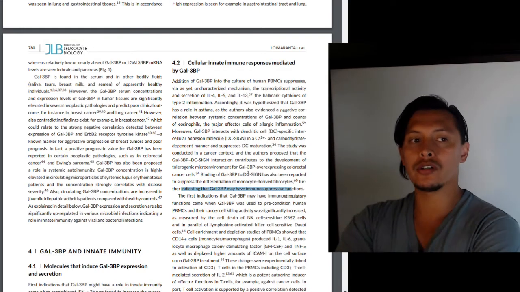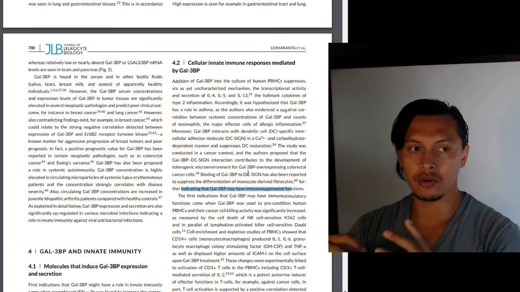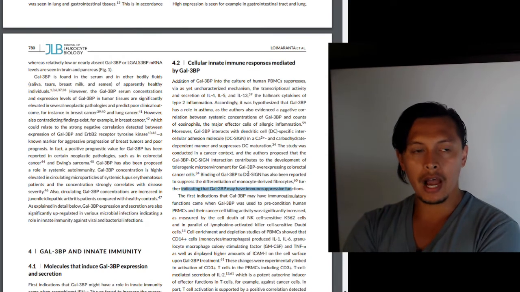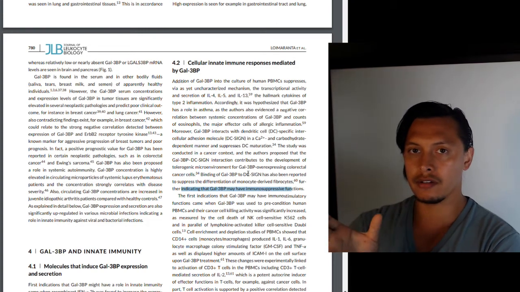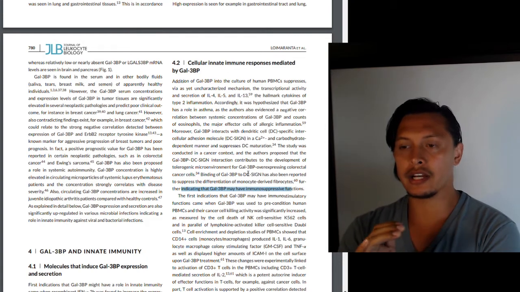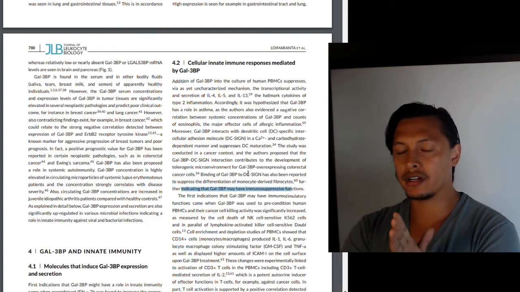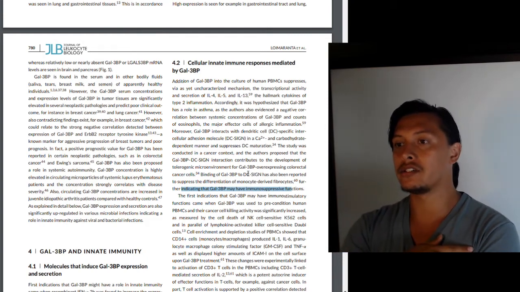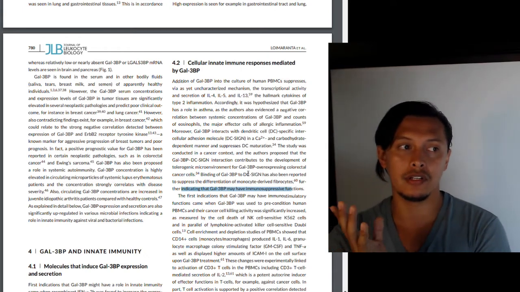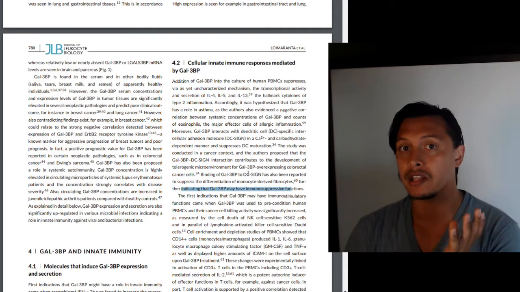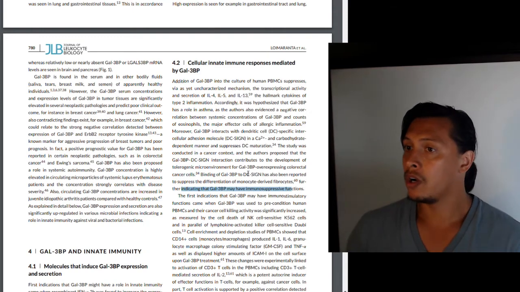But you would really also want the adaptive immune response to come in and target that as well. I would have to do some reading on it, but the model that's forming in my head is that you have this galectin-3 binding protein that is causing the immune system to be more innate based rather than adaptive based.